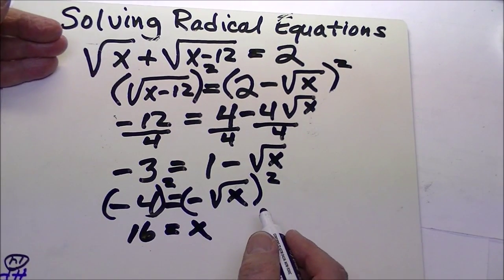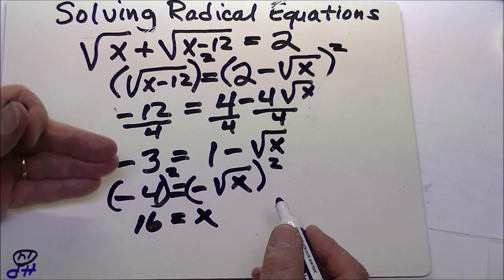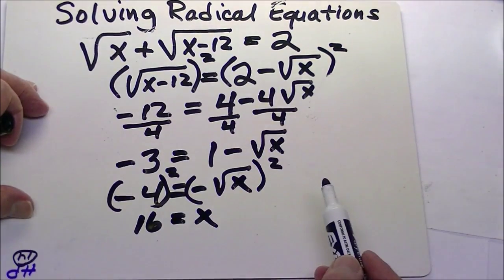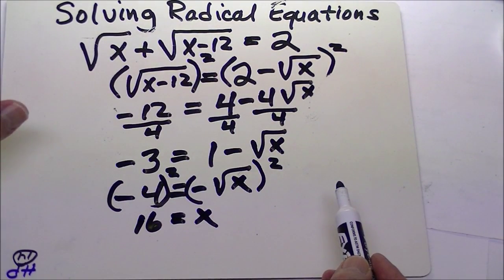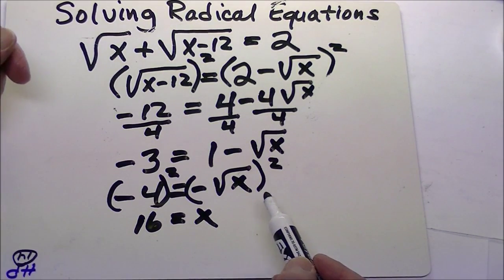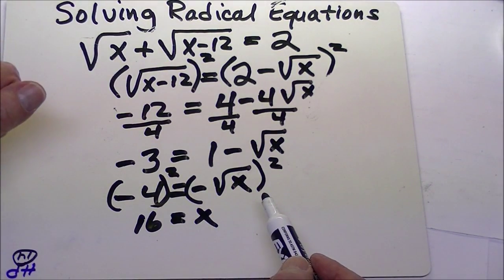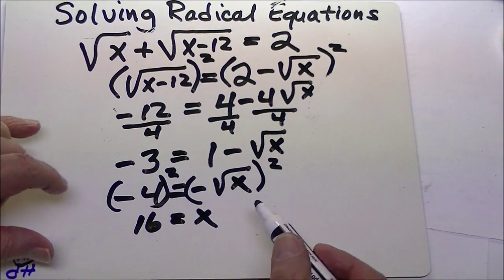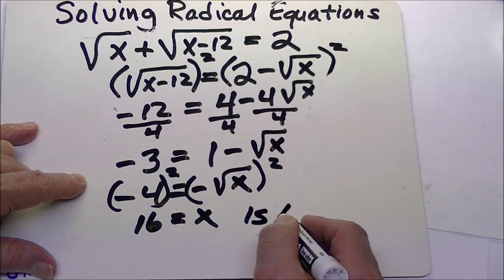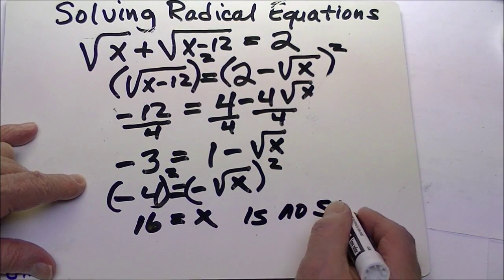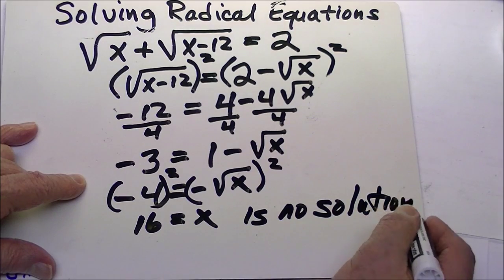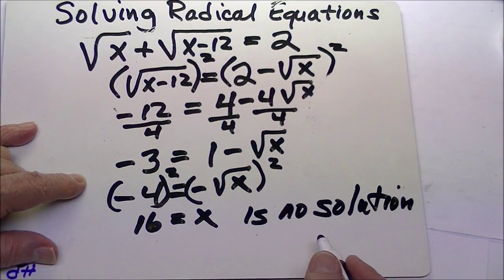So that's the work we've done following the protocol to solve equations with two radicals in it. Now an interesting thing, if you put 16 into the system, it doesn't work, it doesn't check. So in this case, there is no solution, which is one of the options you would check.